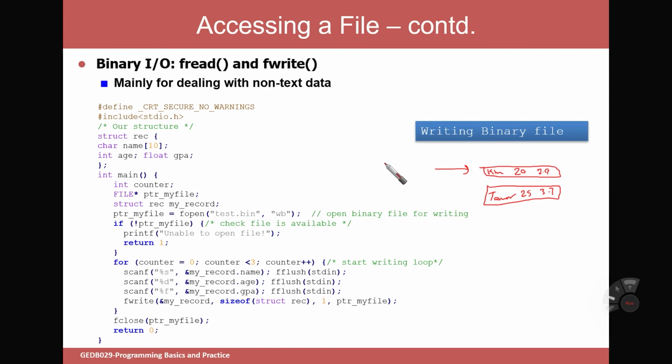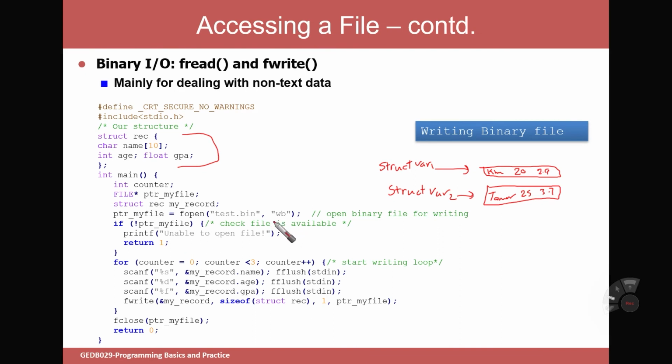So this is structure variable 1, and this is structure variable 2, and so on. So you want to put into the file record by record. Can you do that? Yes, you can do this using a binary file. If you have a structure and you would like to create an object from that structure and save this object to the file, in this case, binary file is a good choice.